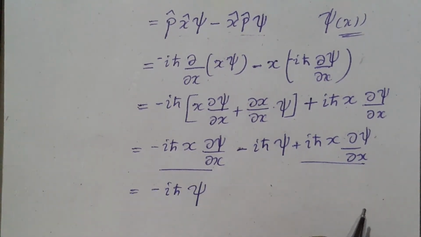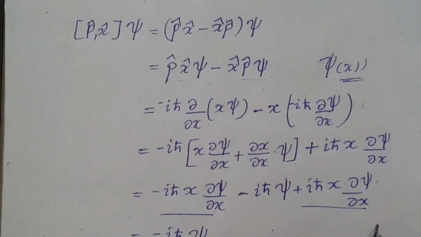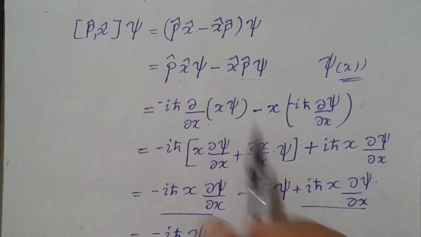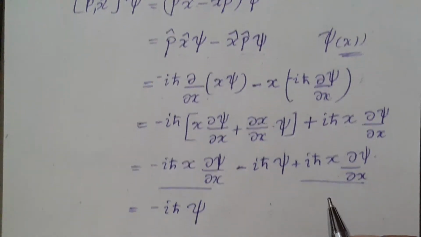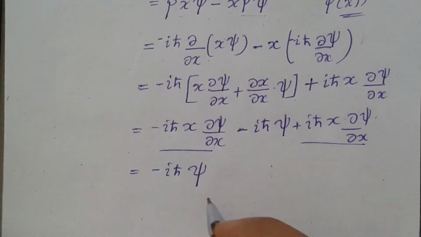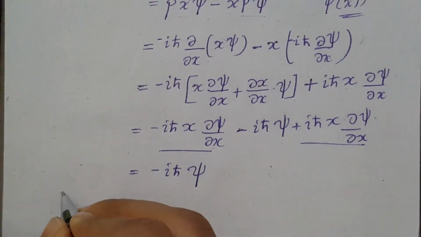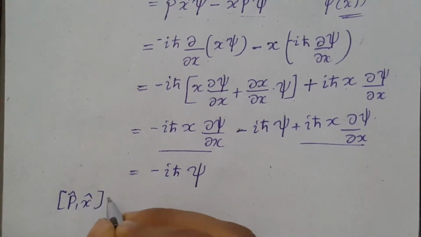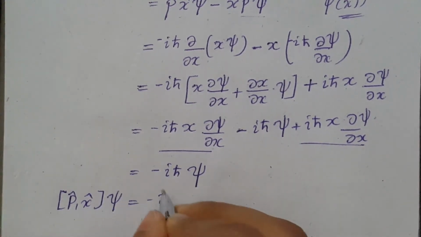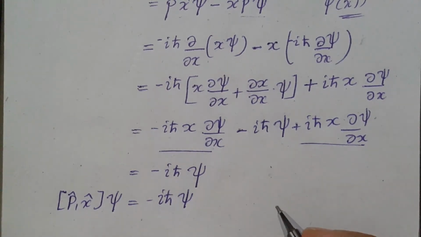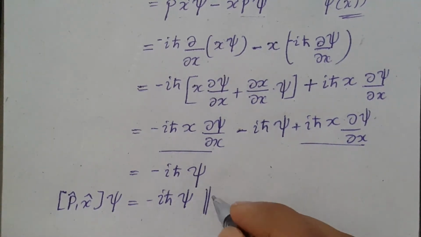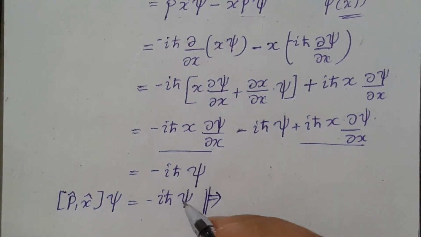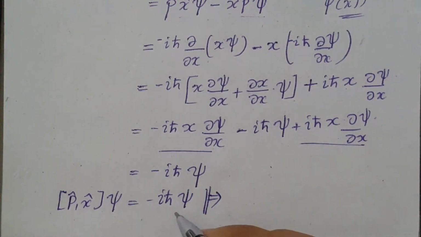But what were we calculating? We were calculating p cap x cap psi, and we have finally got minus i h cut psi. So we can write p cap x cap psi is equal to minus i h cut psi. From that, what can we comprehend? Suppose the psi was not there.